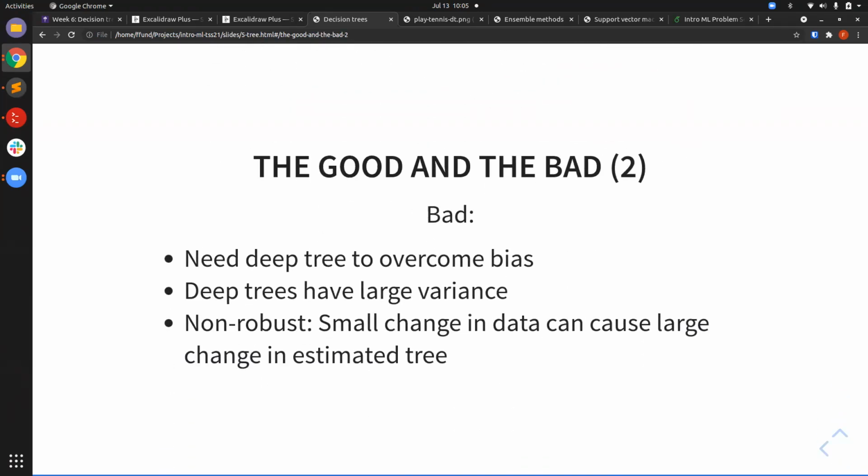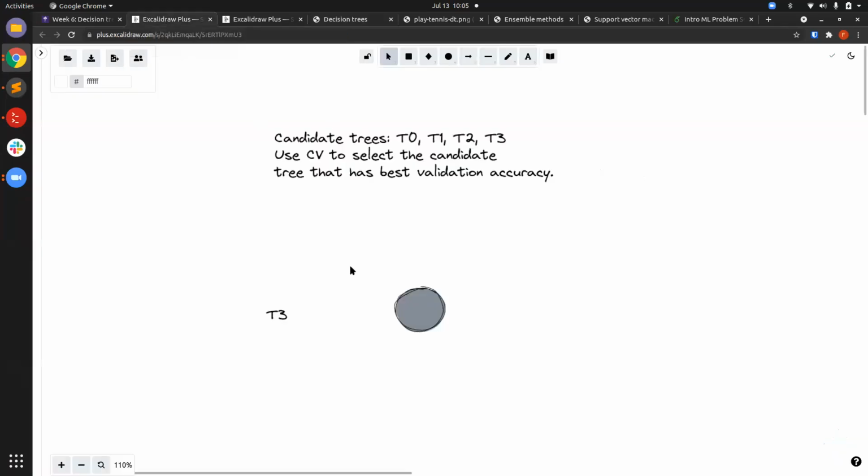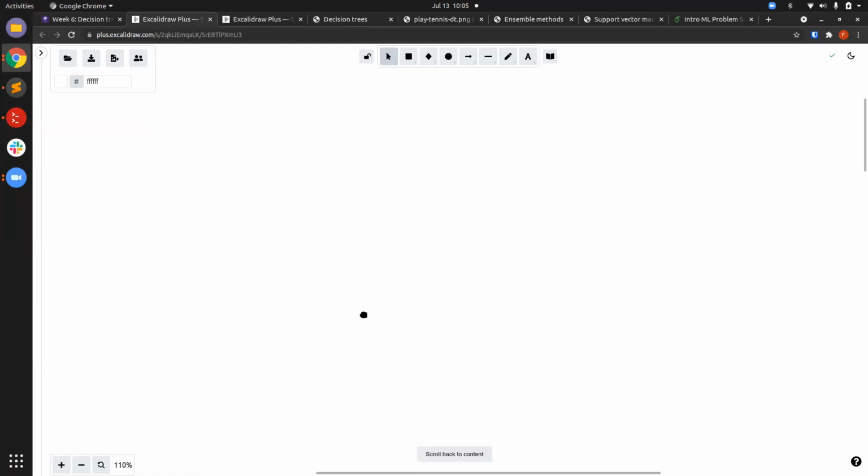The disadvantage is, well, this bias variance trade-off is complicated. You need a deep tree in order to overcome bias, but then the deep tree has large variance. And they're also not very robust. So it's pretty easy to convince yourself that a small change in the training data can cause a large change in the overall tree. Why is that?